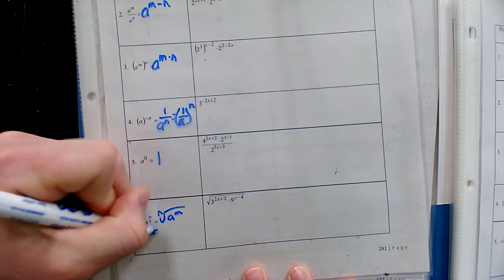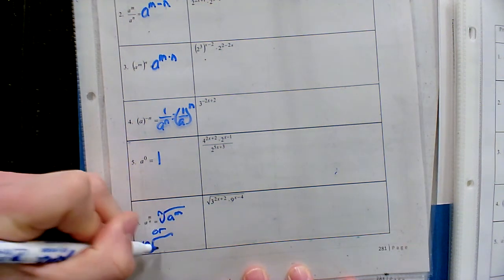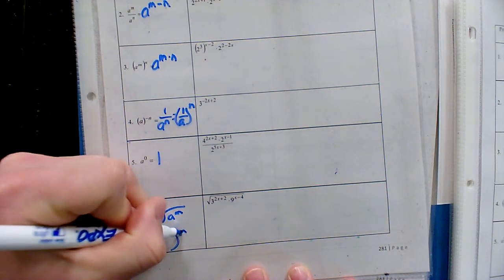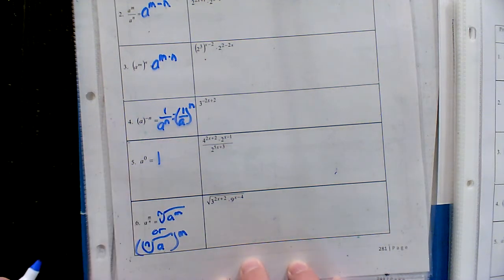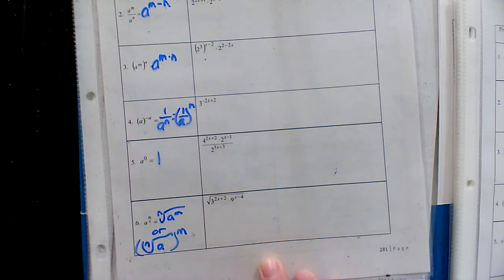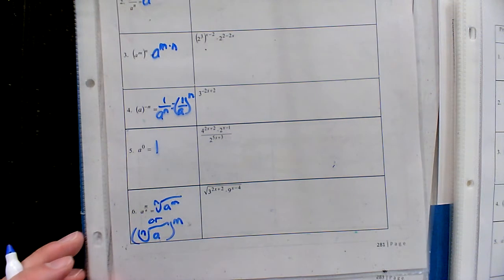But that can also be written as the nth root of a, all raised to the m power. So same meaning, just written two different ways.